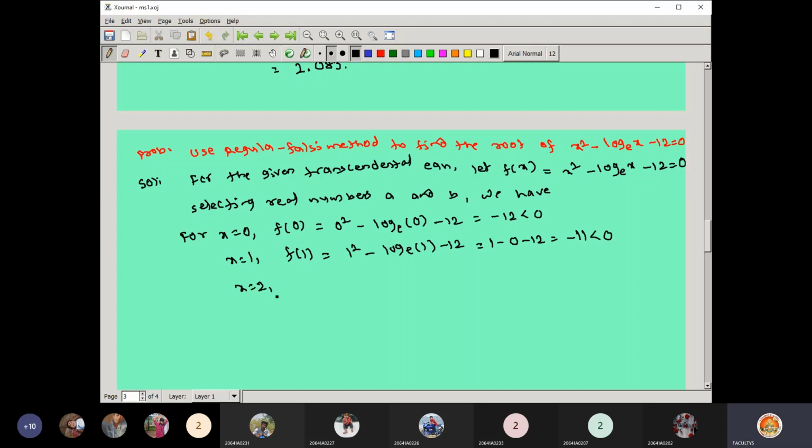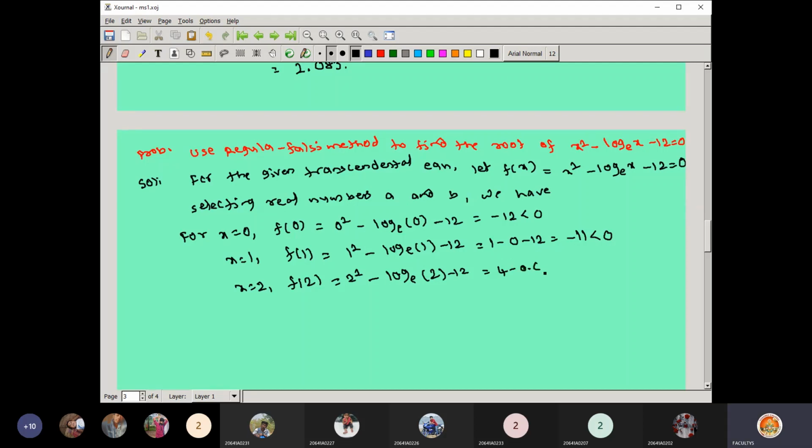So x equal to 2: f of 2 means 2 square minus logarithm of 2 minus 12. 2 square is 4, minus ln of 2. What answer are you getting? ln 2 is 0.693.